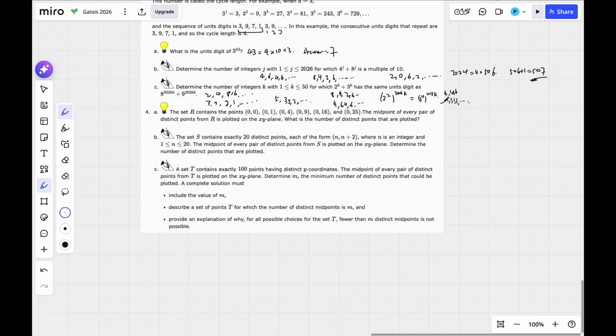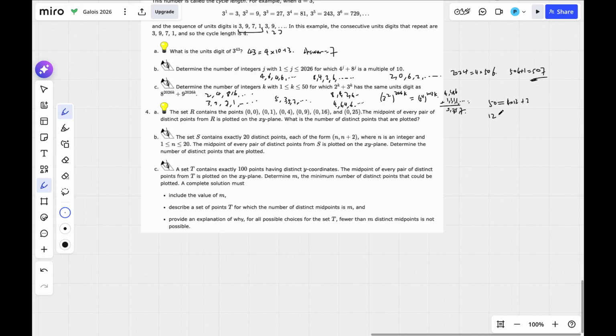So this pattern will always have a unit digit of 1, since 1 to the power of anything is itself. So now we know both these patterns. So when we add them, 4, 6, 4, 6 plus 1, 1, 1, 1, we get 5, 7, 5, 7.